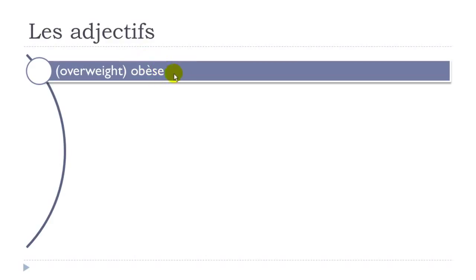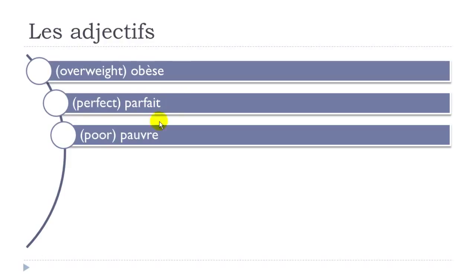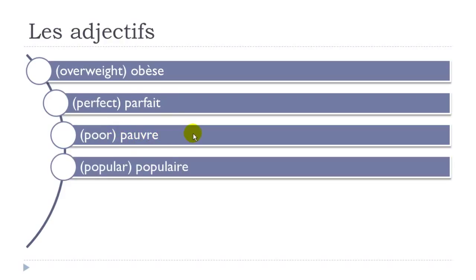Don't insist on the final. Parfait. Final T not pronounced. Parfait. Pauvre. A, U together will produce this O sound. Pauvre. Populaire. Don't insist on the final Populaire.